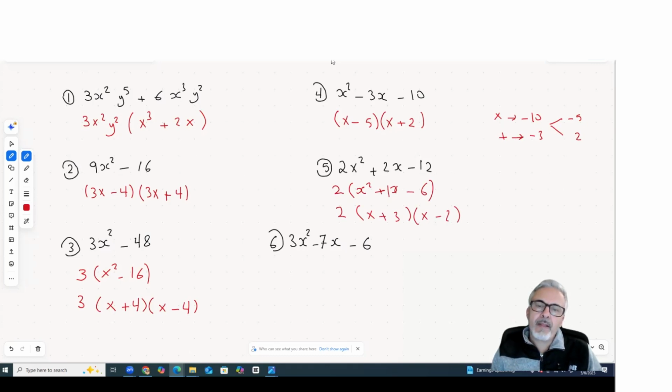How about here? So now this is what we call a complex trinomial. Why? Because we have a leading coefficient that we cannot factor out. So now what do we do? There are different methods that you can use. There's the box method. There's the decomposition. But me personally, I prefer the method that I'm going to show you. So what I do, I take the 3 and multiply it into the negative 6, okay?